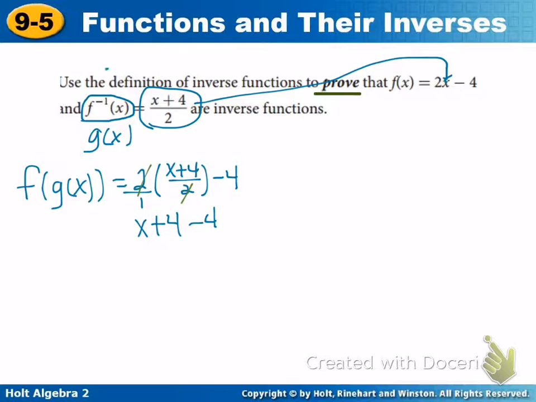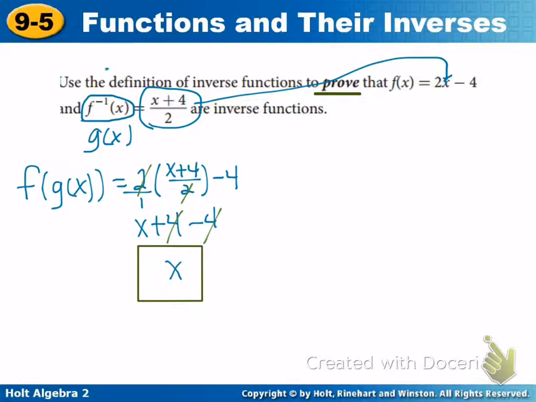You see it? 4 minus 4? Yes, so we're left with just x. That's what they're talking about. When you simplify it down, inverse functions will cancel each other out, and you'll only be left with that input, in this case, the x.